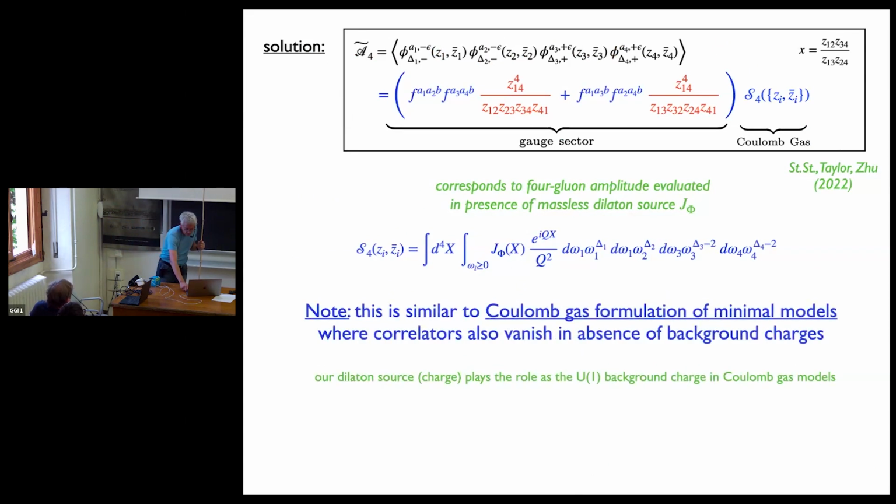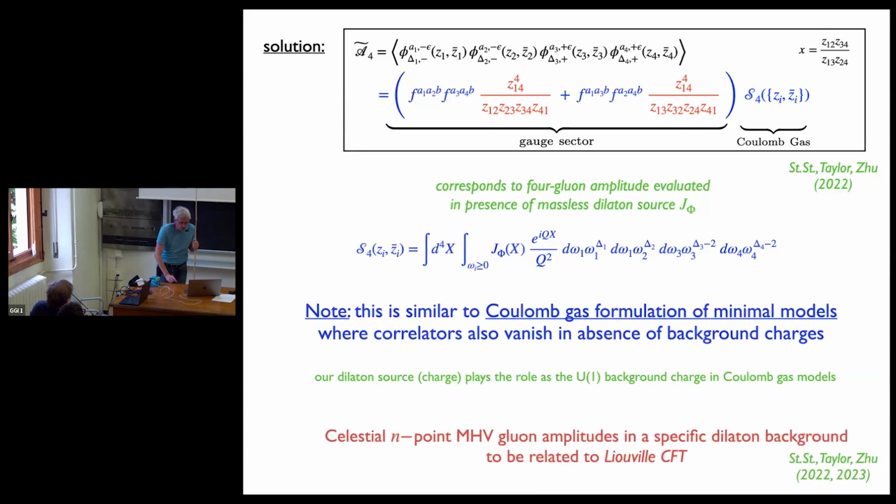They have this dilaton background, which in principle resembles what we do in minimal models, where we also have a background charge in order to have a non-vanishing correlator. And now I come to the new part: these amplitudes with this dilaton background can be derived from Liouville conformal field theory.